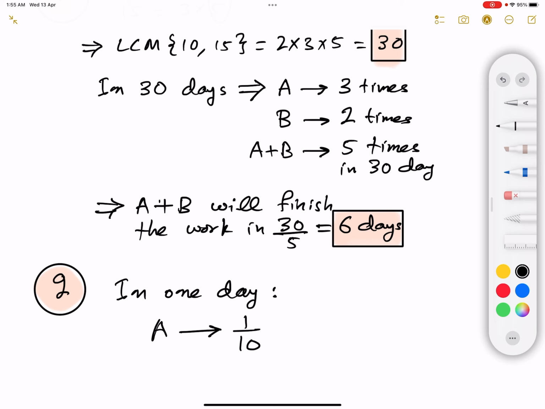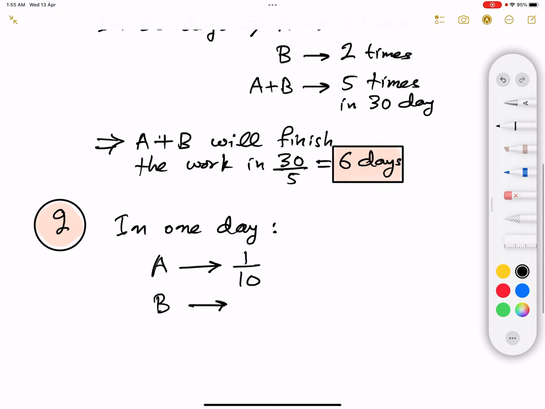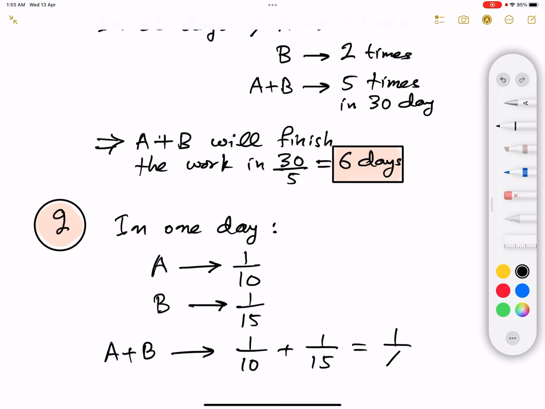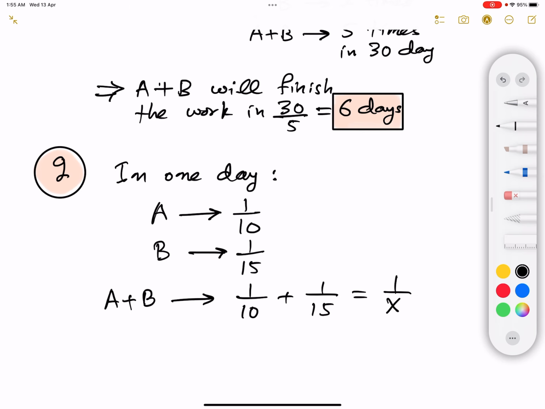B would finish 1/15 of the work. So if A and B work together, they would finish 1/10 plus 1/15, which is equal to 1/x of the whole work. The idea is to find 1/x.